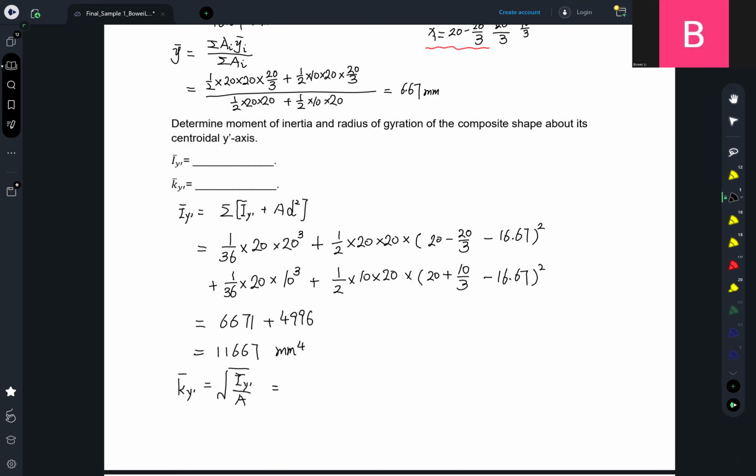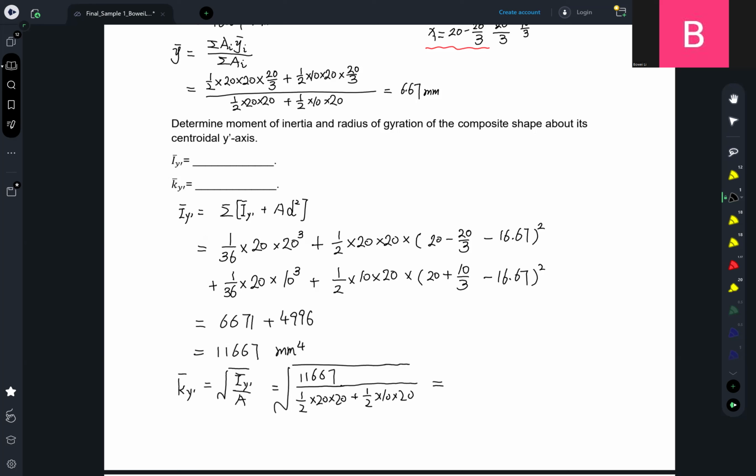For the moment of inertia, we already have that. And for the area, it is the total area, which is the summation of the area of each part. Then you take the square root of that.